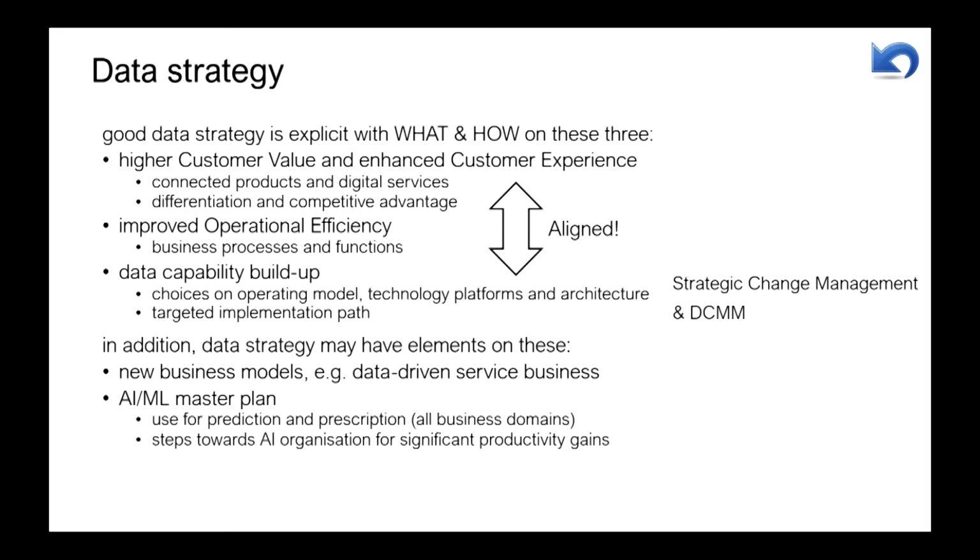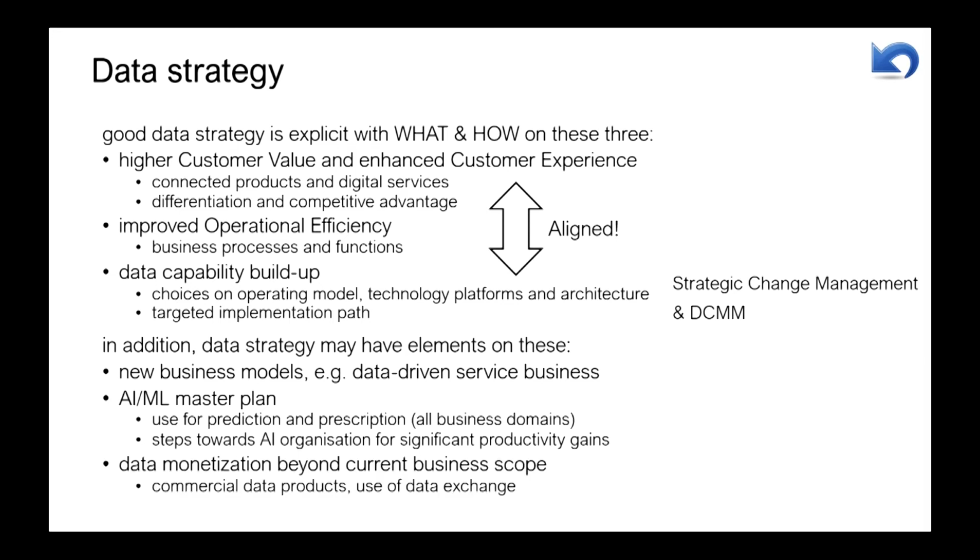However, sometimes it may be beneficial to have dedicated strategy section for AI. For example, if quantum leap to an AI organization is targeted as part of the overall strategy, or if it's necessary to highlight AI's importance for productivity and competitiveness. As mentioned, most companies are not in data business but in product, service, or solution business.